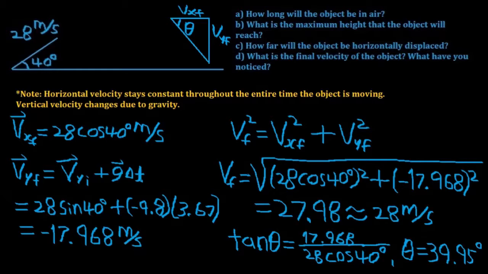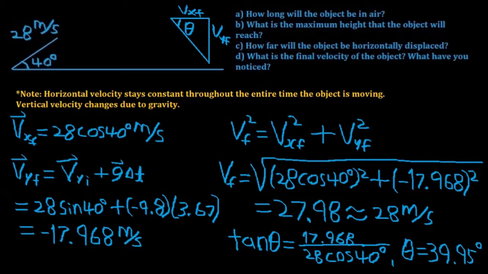One of the basic equations is velocity final equals velocity initial plus acceleration multiplied by time. We know in the vertical component the initial velocity is 28 sine 40 degrees, and we know the gravity value and the time value. Overall, that gives you negative 17.968 meters per second.